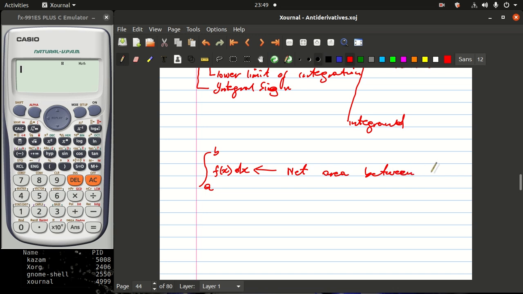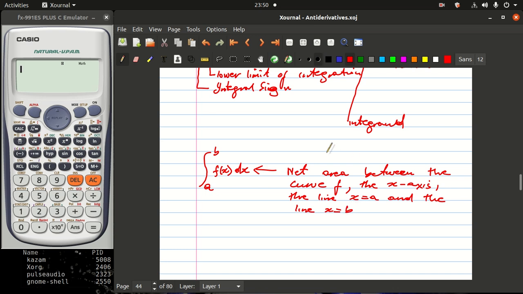So it is a net area between the curve f, the x-axis, and the line x is equal to a, and the line x is equal to b.